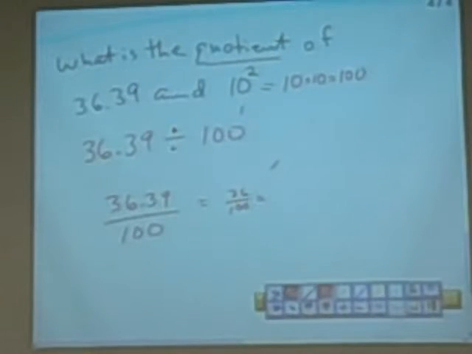Well, careful now, we're not multiplying, we're dividing. When we had 36 times 100, we moved that decimal point to the right. But when we're dividing, we're moving it to the left. So it actually comes out to be 0.36.